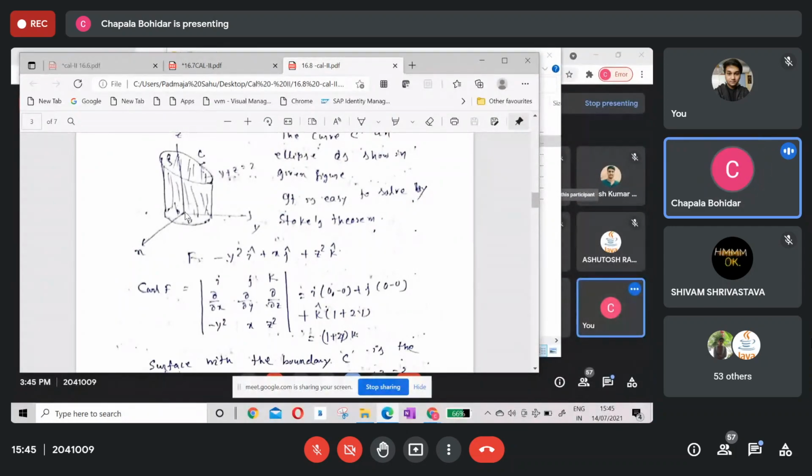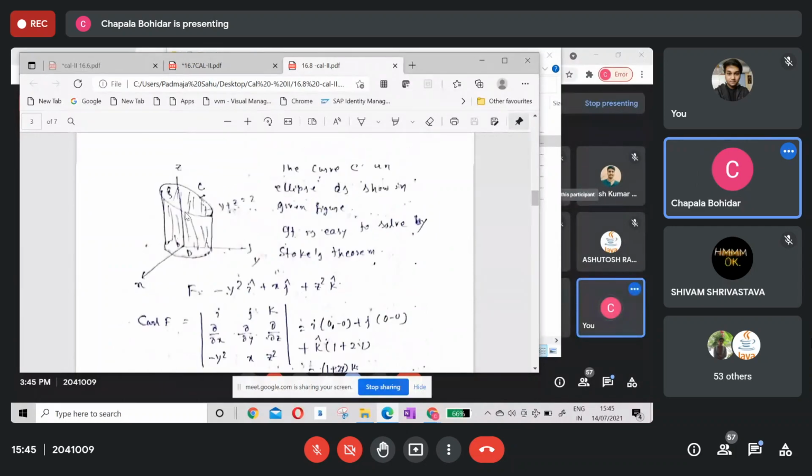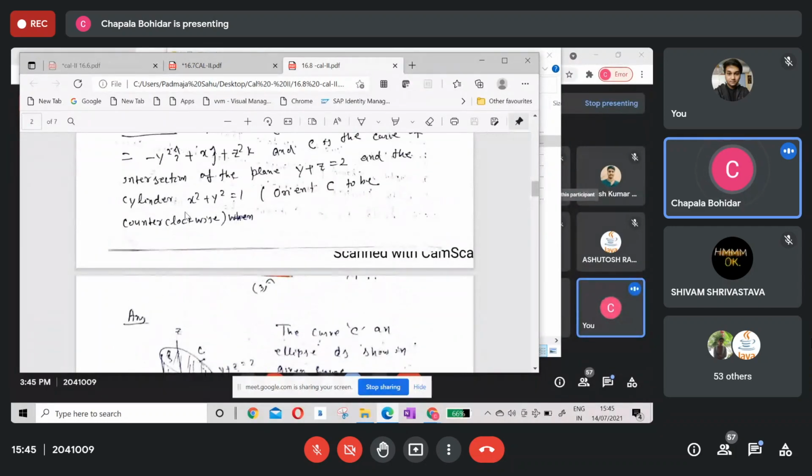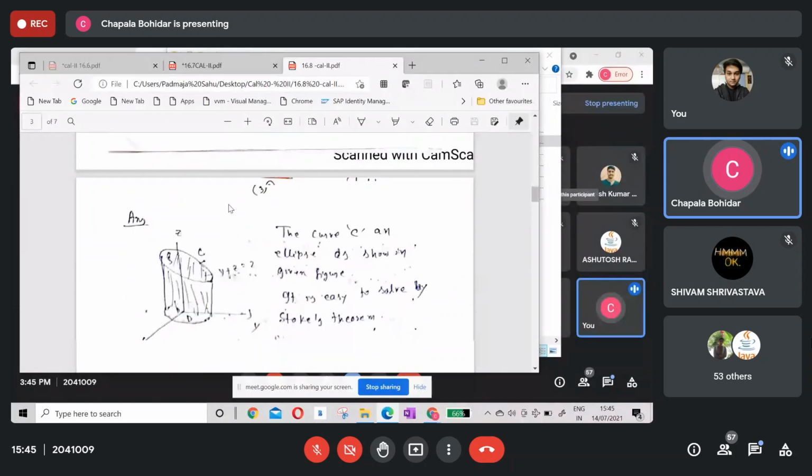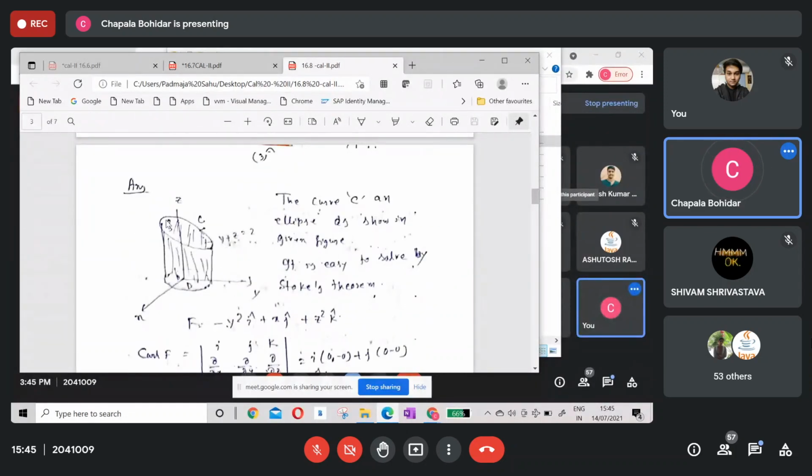How do you get this radius of 1? From the cylinder x squared plus y squared equals 1. The intersection of the plane y plus z equals 2 and this cylinder projects to x squared plus y squared equals 1.